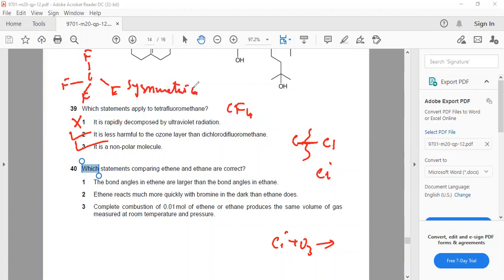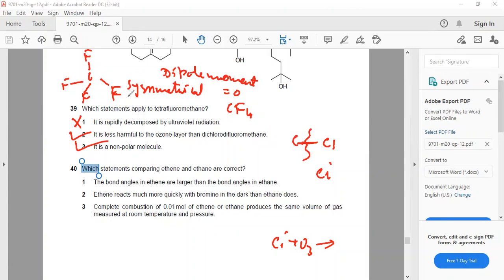Tetrahedral is symmetrical if all four groups are the same. So its dipole moment is 0. Dipole moment is the overall polarity in a molecule, which depends on the shape of the molecule also. If the shape is symmetrical, it's like a vector quantity, so it cancels out. So we have to know which shape is symmetrical, which not.